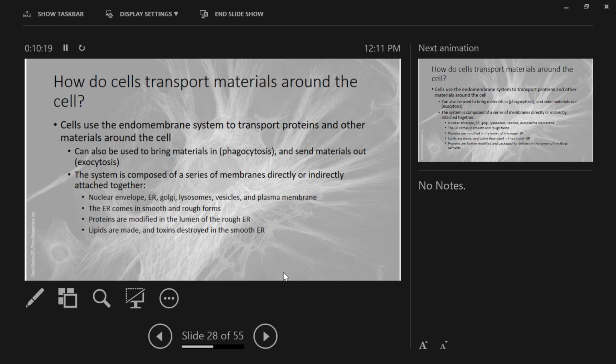And so the smooth endoplasmic reticulum of liver cells functions almost entirely in detoxification, just detoxifying materials. All right, and then proteins are further modified and packaged for delivery in the Golgi apparatus or the Golgi body or the Golgi complex, whatever you want to call it, all names for the same structure.